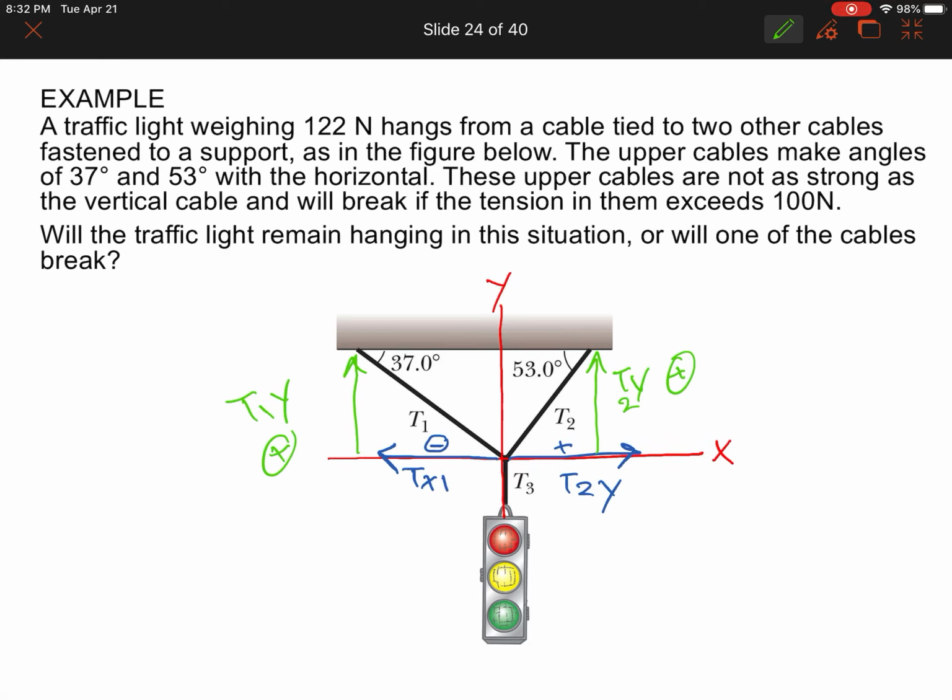This one is pulled down, so T3 is also on the y-axis, heading toward the negative y-axis, which means it's going downward. This free body diagram illustrates how we can build the F-net for the x-axis and y-axis. Nothing is moving, so they are in equilibrium, so F-net x equals 0 and F-net y also equals 0.